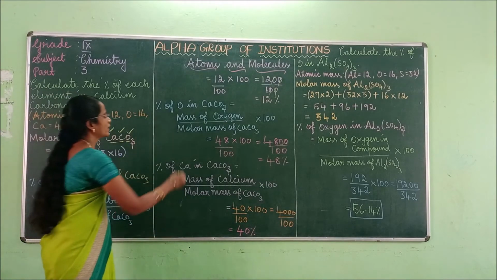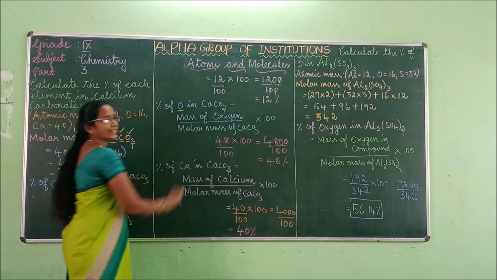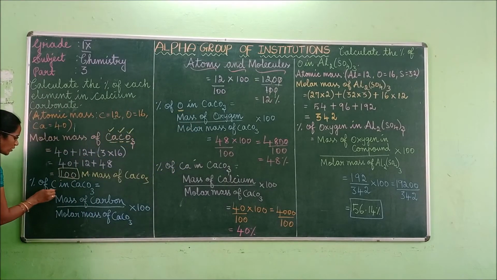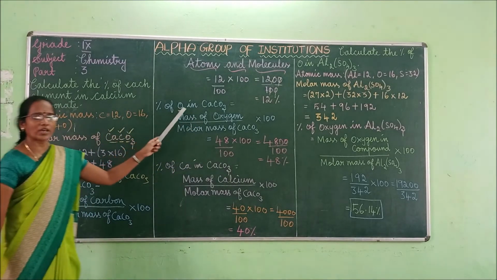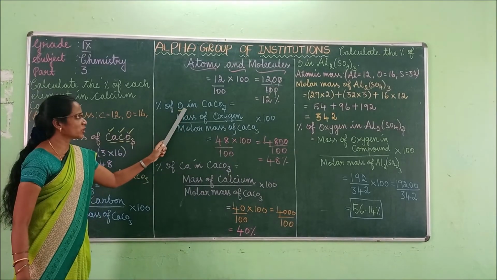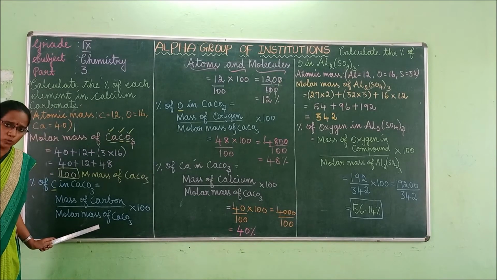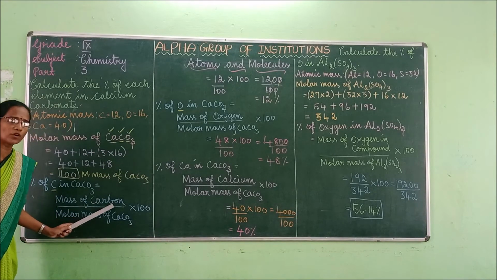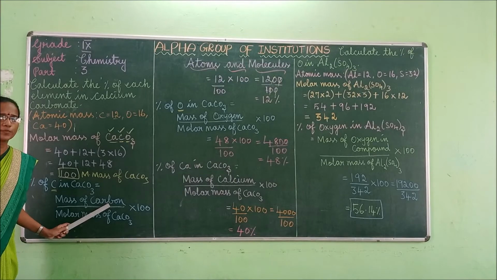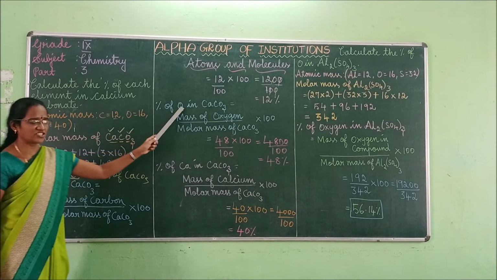Next what you have to find out? You have to find out the percentage of oxygen. First one for carbon, second one for oxygen. Percentage of oxygen in calcium carbonate. The same formula you have to use. Instead of carbon, you have to mention oxygen.